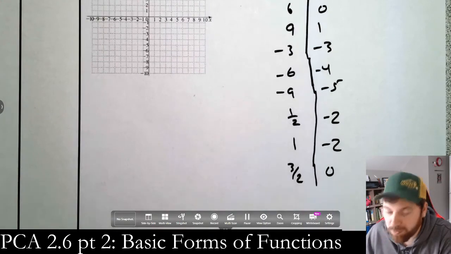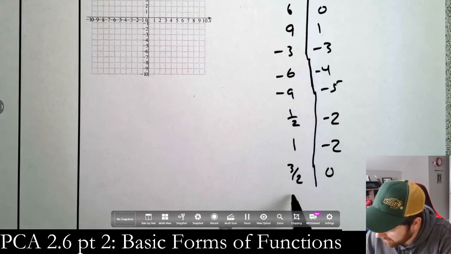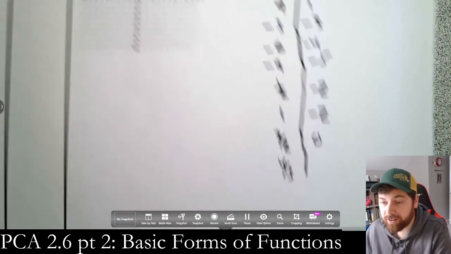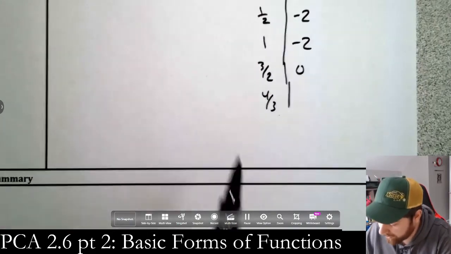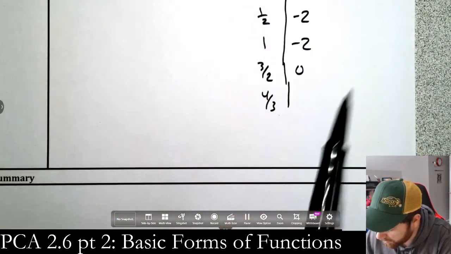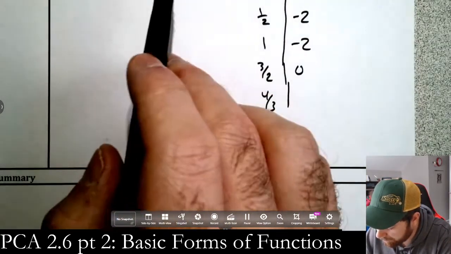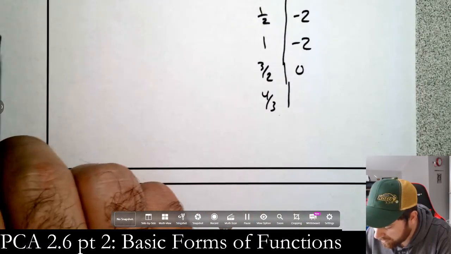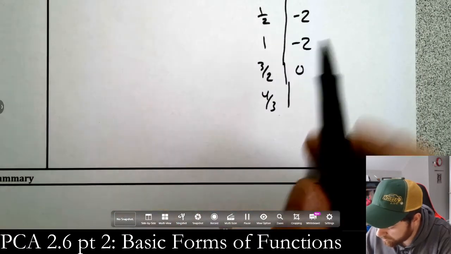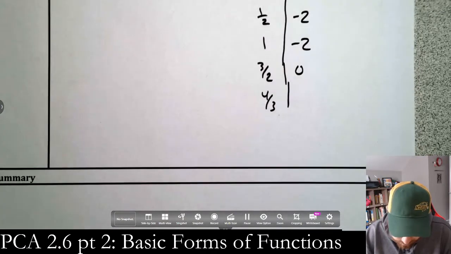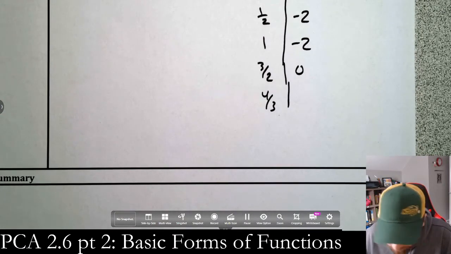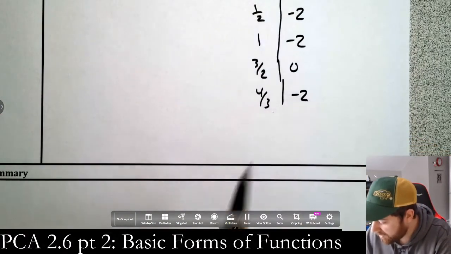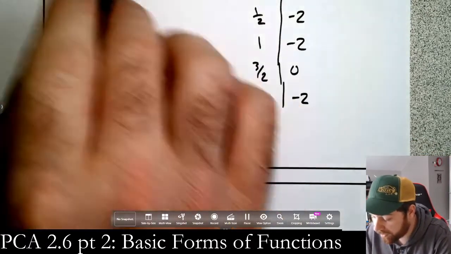But let me try 1 1/3. I feel like that's going to be something it tells us, okay? And we're just trial by error here. So 4/3, you plug that in. What do you end up with? 4/3 times 1/3 is 4/9 minus 2. So then we still get -2. Okay? So there's going to be a point when this stops happening.